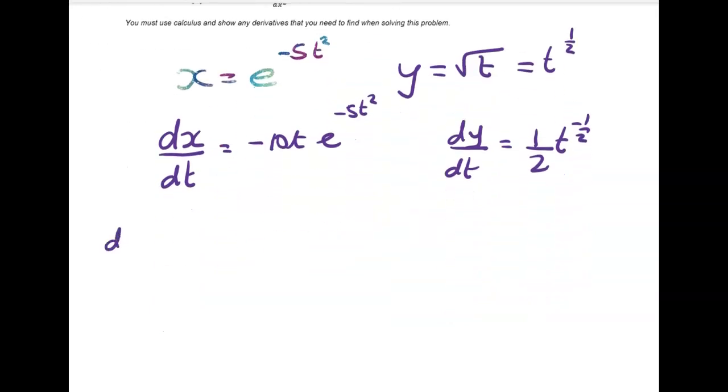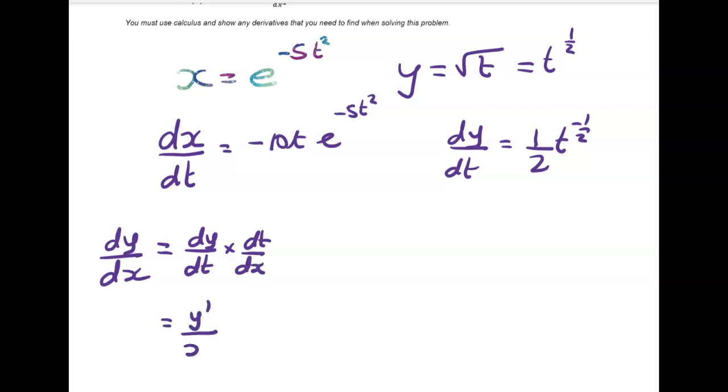Now, as usual, we find the first derivative, dy by dx, by using the chain rule. It'll be dy by dt times dt by dx, which is the same as, we can write that as y dash divided by x dash, right? So we don't have this derivative, but we do have its reciprocal, which is dx by dt.